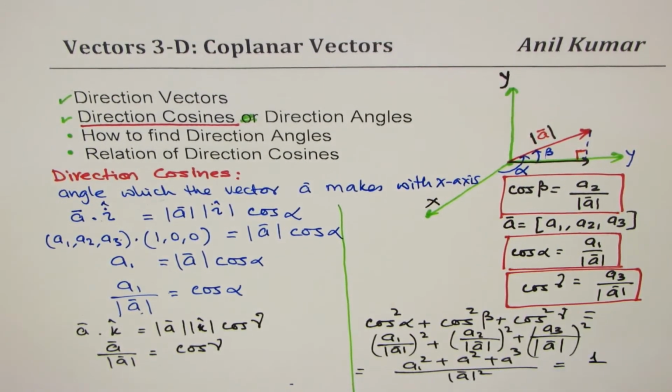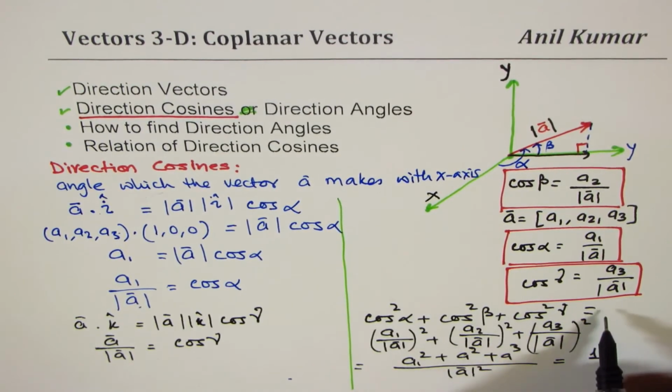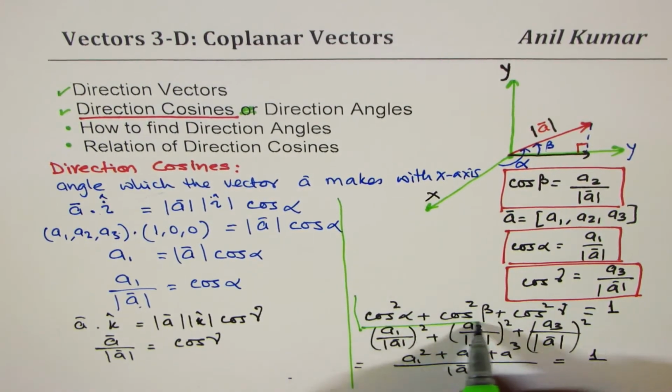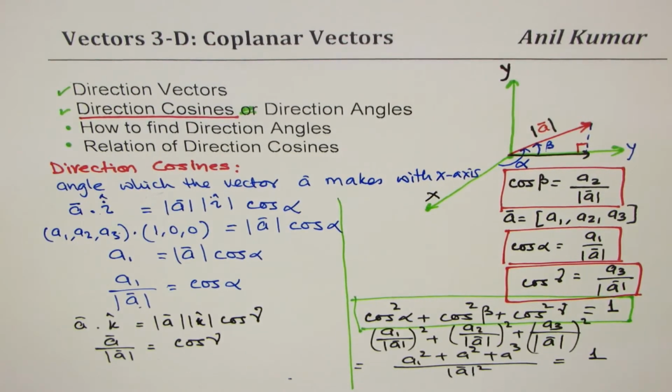And this indeed is 1, correct? So we have also shown that the sum of squares of these direction cosines is indeed equal to 1. Perfect. So this is an extremely important formula which relates the direction cosines for any vector.